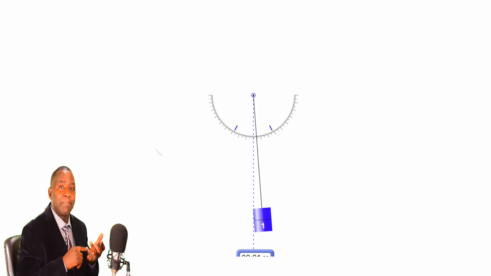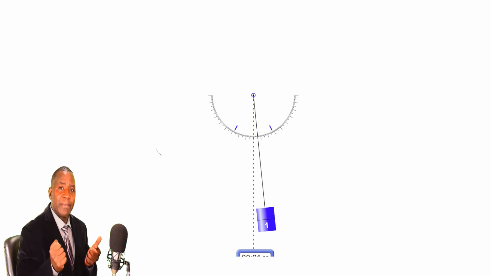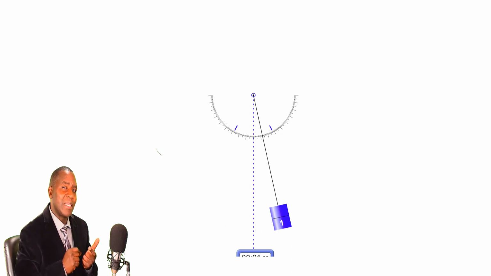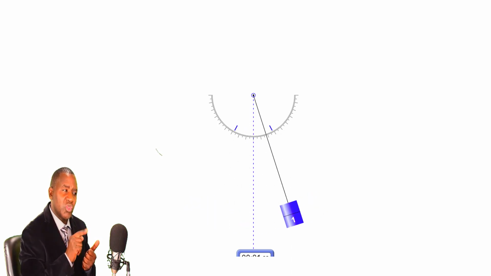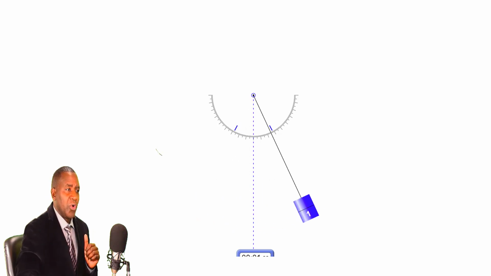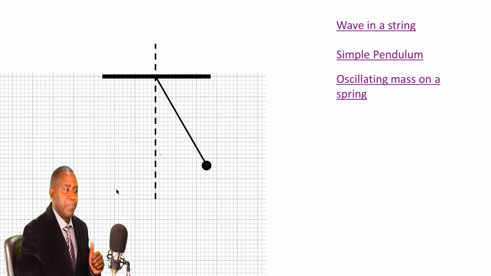We measure the amplitude, we measure the wavelength, we measure the periodic time, and then we can calculate the frequency. But we can also measure it in 1 second, how many oscillations are made over here. So let's go here where we are going to see how we can calculate the speed of the wave.